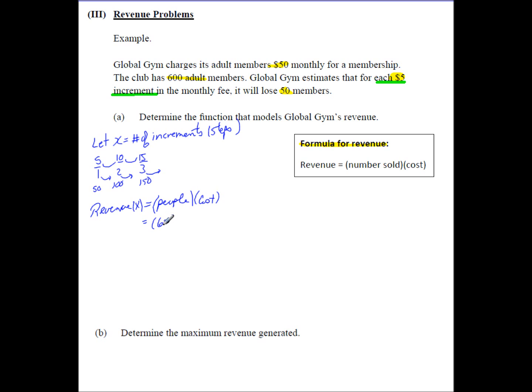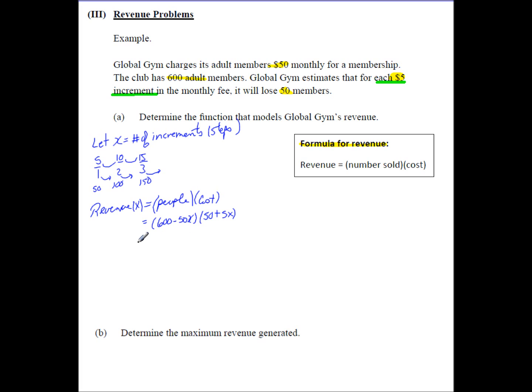The most people we ever start with is 600, and we lose blocks of 50. Now, when do we lose 50 people? For every increment, it goes up by $5. So the cost would start at 50, and every time you put it up by $5, you're going to lose 50 people.